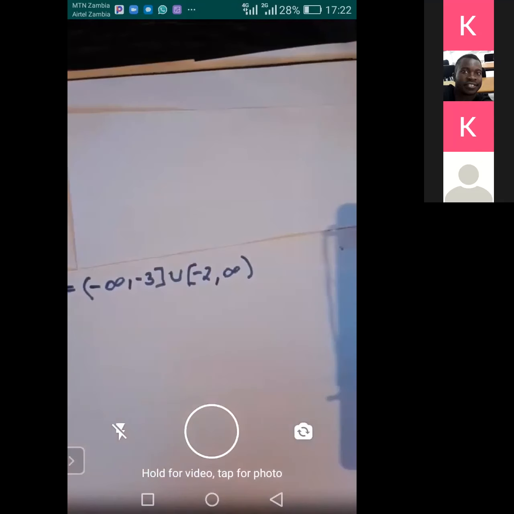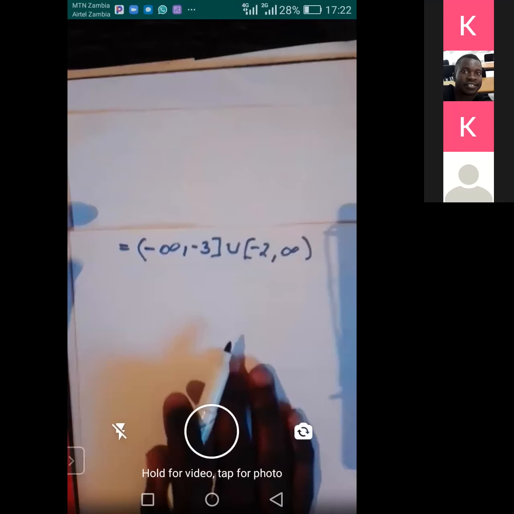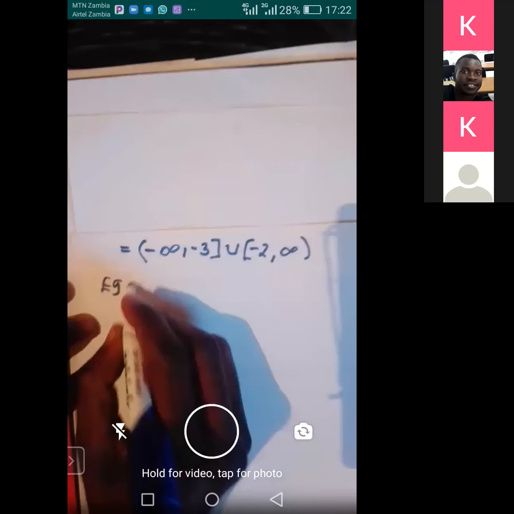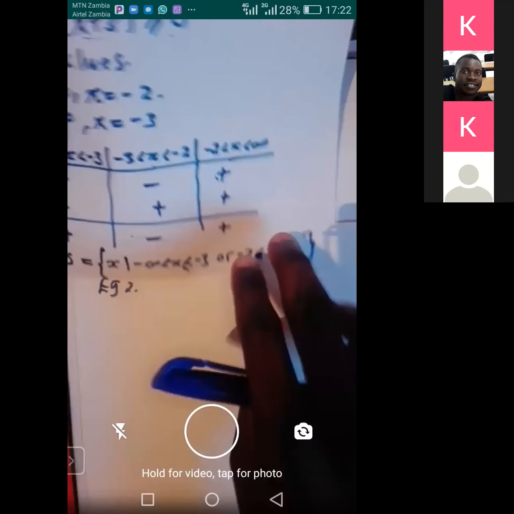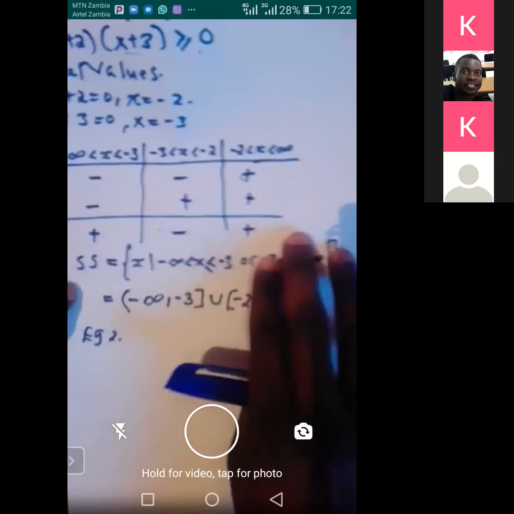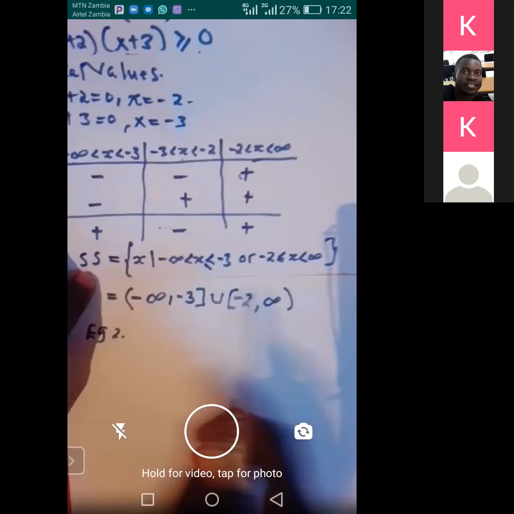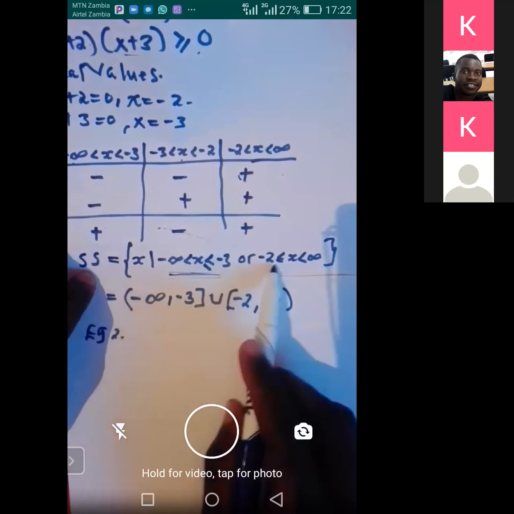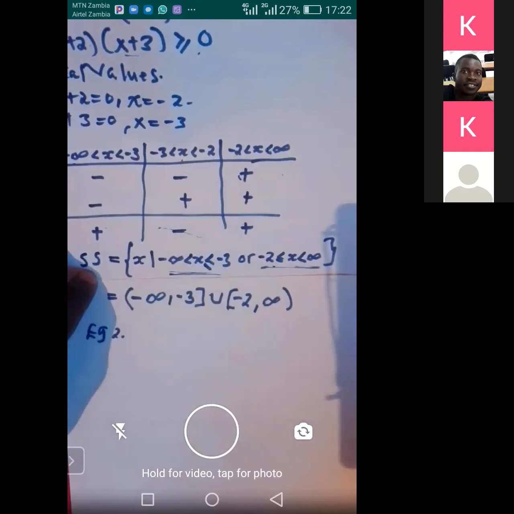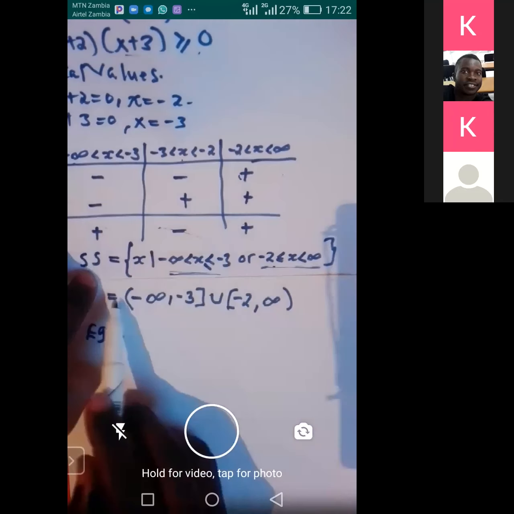The solution set for this same question that we were doing, this is the one here, which is the same as this one here. So I said the solution set is equal to this one here, x between this interval or between this interval here. And you can write it in this way, so it's the union: all values in this interval and all values in that interval there.